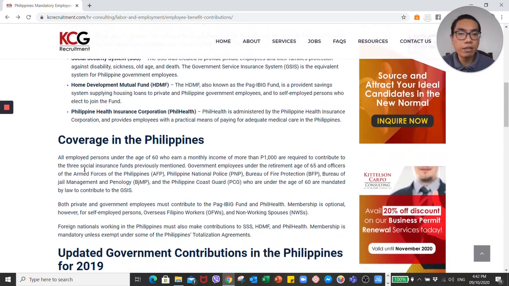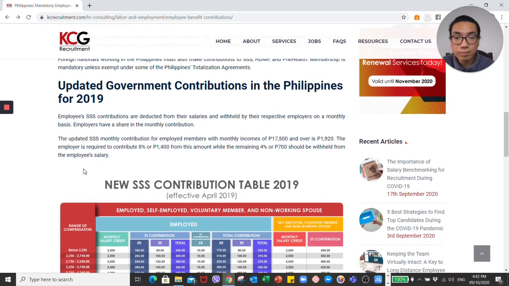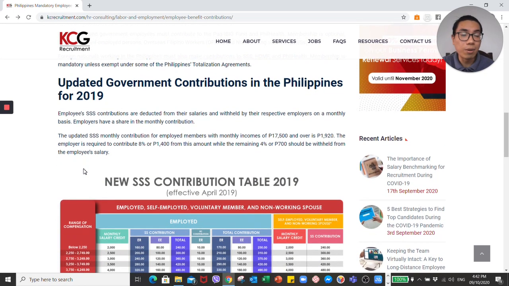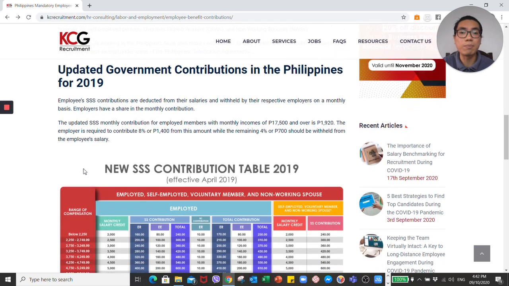And for this particular discussion, I would like to highlight yung mga updated na tax table for this setup, for these government contributions na related to our payroll discussion.